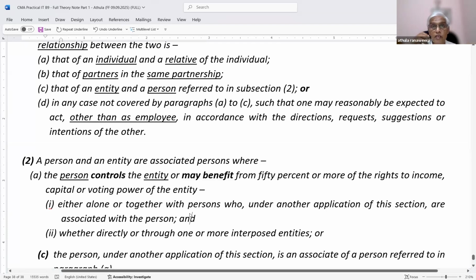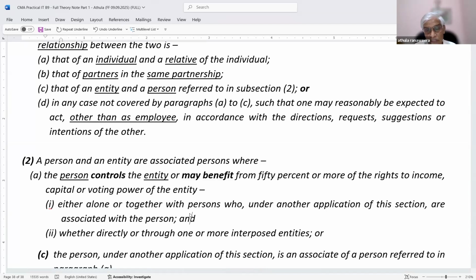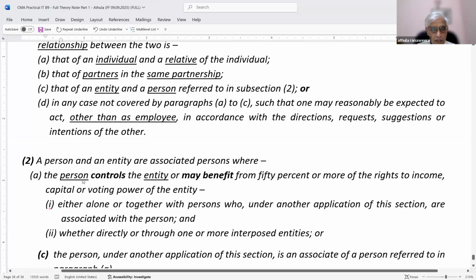The other one is profit sharing ability, like benefits, from 50% or more of the rights to income, capital, or voting power. This first part is controls. The second part is a right to the profit and all benefit. What's the quantum of these rights? Quantum of ability to control and the quantum of this benefit enjoyed.